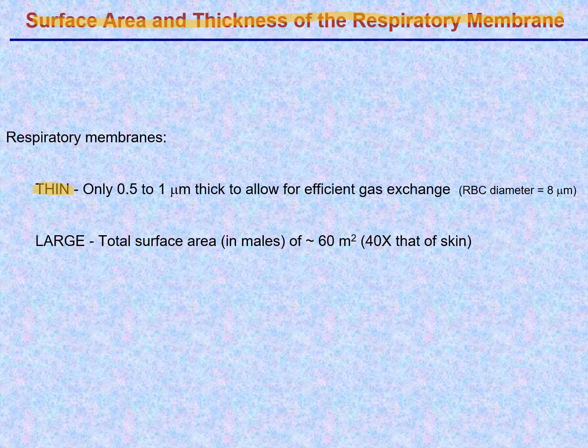They are only 0.5 to 1 micrometer thick. Just to give you an idea of what 1 micron is, a red blood cell has a diameter of approximately 8 microns. Okay, so if the diameter of the red blood cell is 8 microns, you can see that the respiratory membrane is very thin.